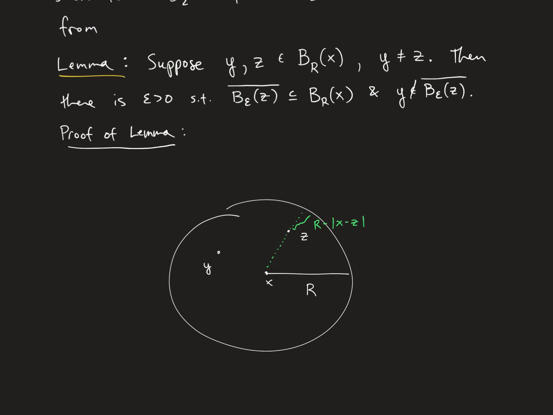So if we set epsilon to be the minimum of r minus the length of x minus z, over 2, to keep that closed ball squarely inside the open ball, and also less than or equal to the length of y minus z over 2.